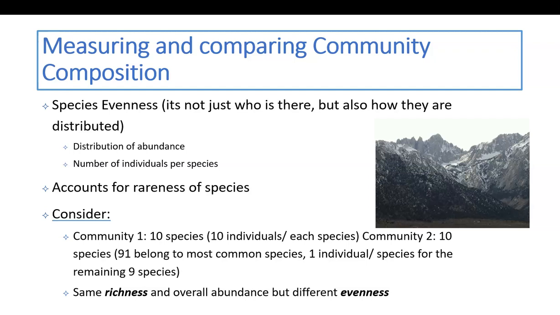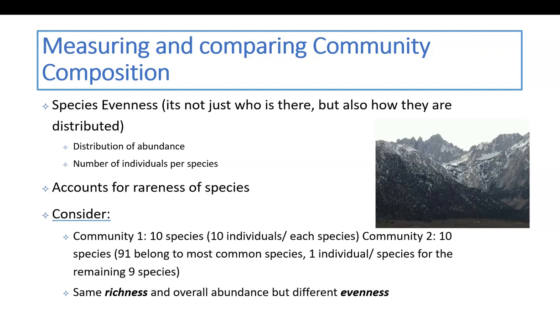This is a good thing to measure in a system because it accounts for rareness, which may be something of specific interest to you when you're trying to maintain biodiversity. Importantly, you can have the same richness within an ecosystem, but different evenness. And depending on what you're trying to do, this may be important to you.